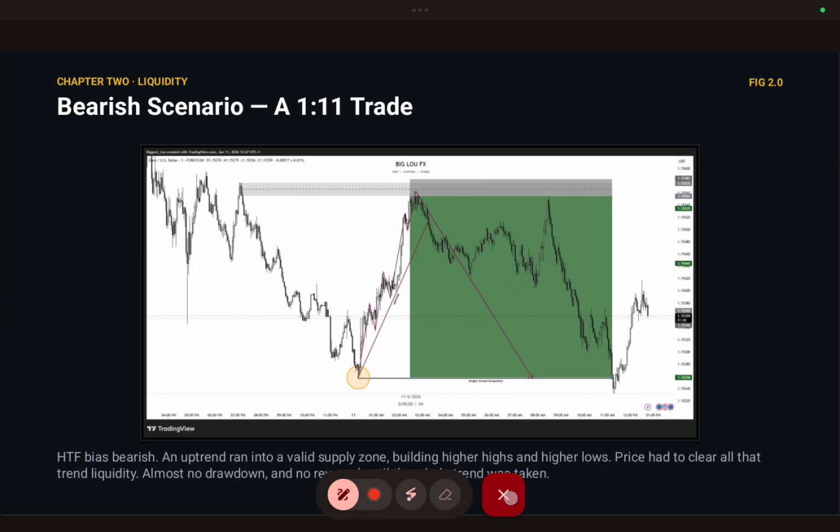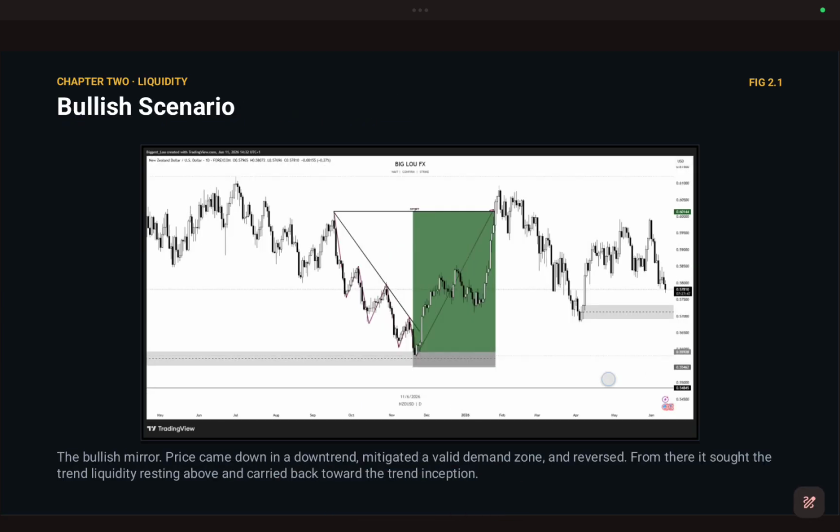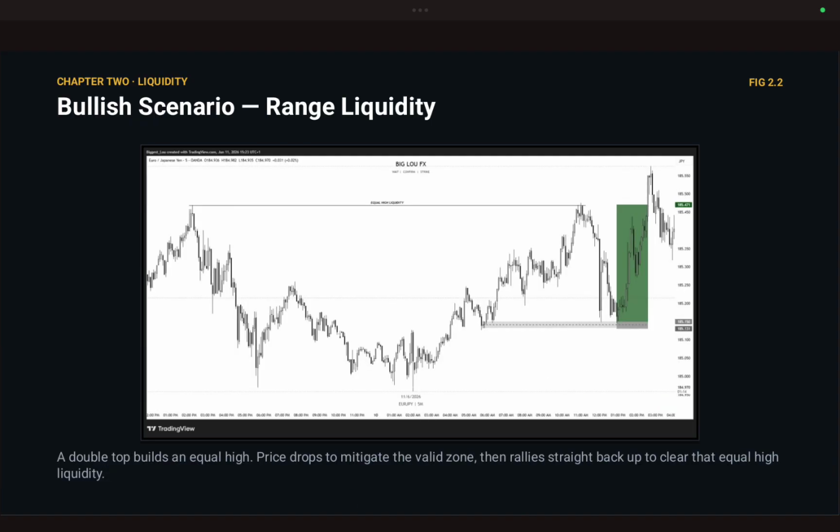This one did some level of internal range, came here, dropped all the way down to here before he gave us our TP. This one also did a little of that, came all the way here, dropped down all the way here before he gave us our TP. So all these things will not bother you. You know that price will ultimately hit your target.